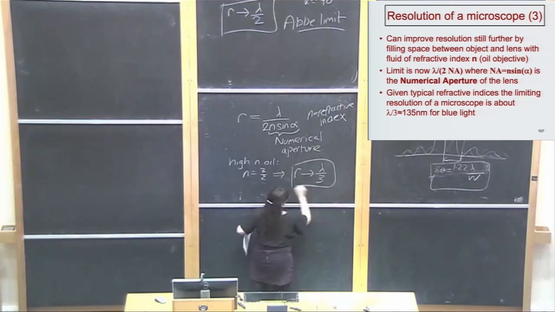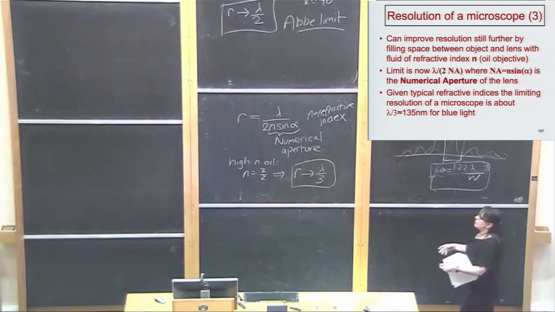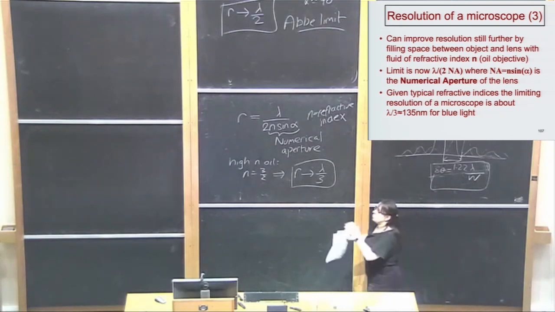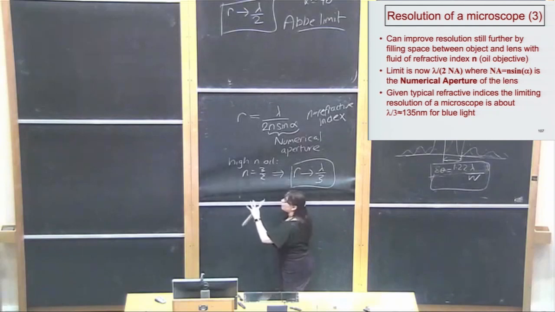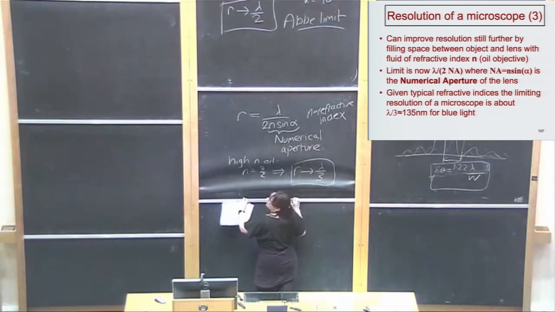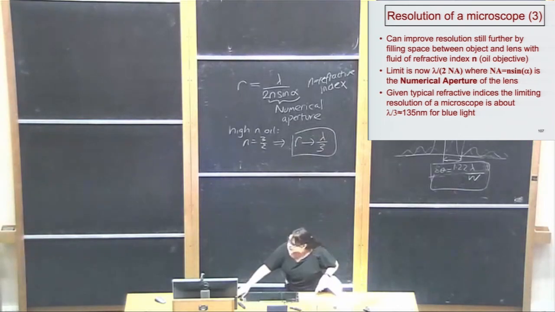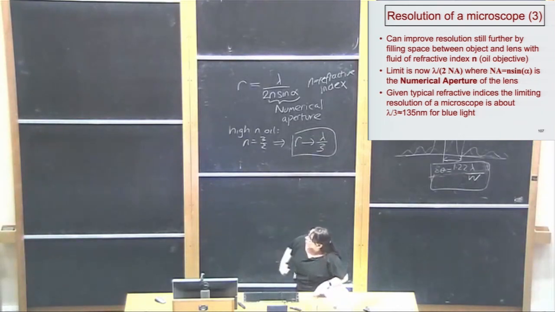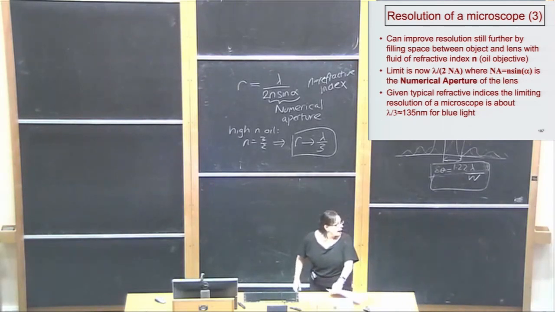So you can actually do a little bit better than lambda over 2 by carefully choosing the medium that you put in between the lens and the object. But that really is the limit you can do, right? With blue light, that is about 135 nanometers, the size of the features that you can actually resolve.